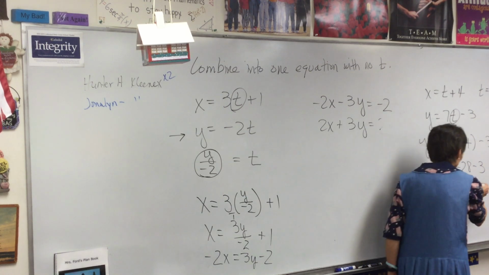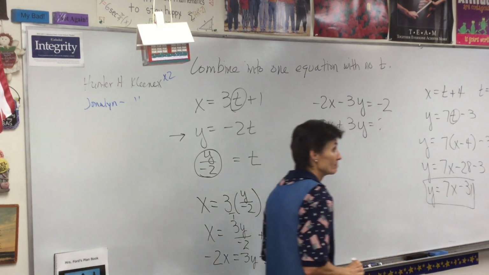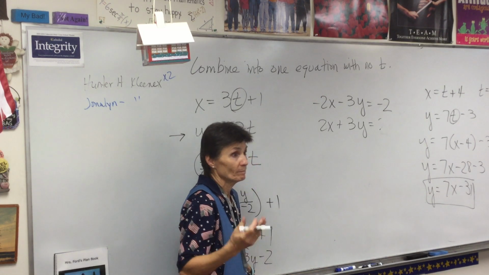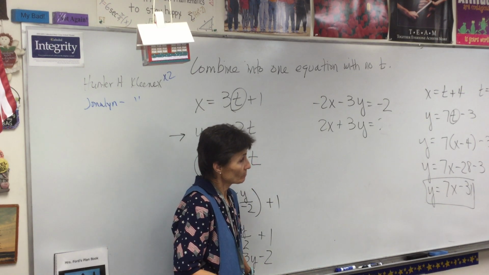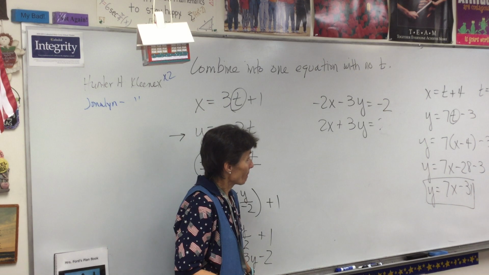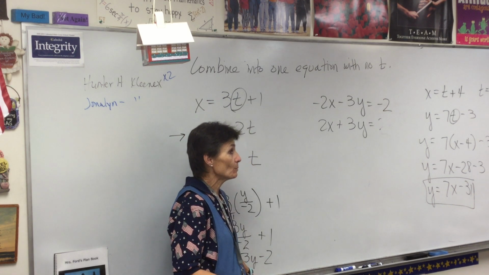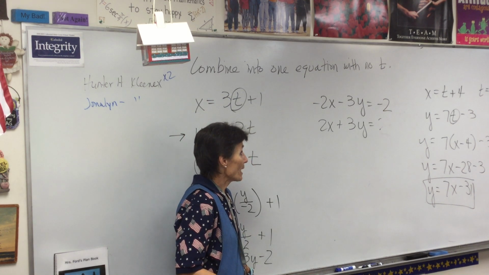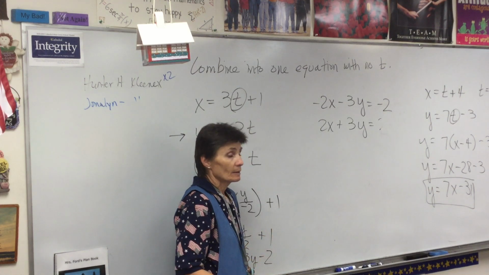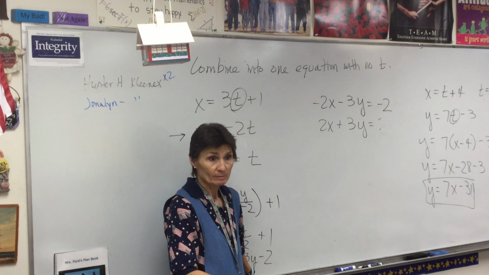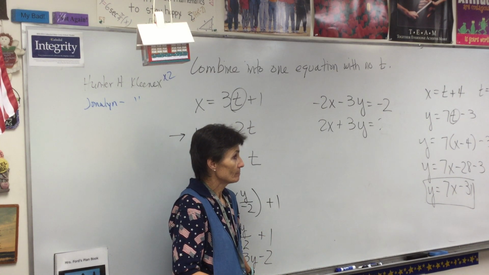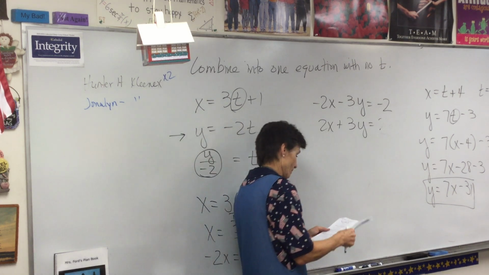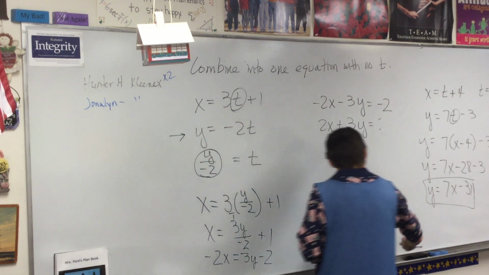And that's beautiful because that's the equation of a line in slope-intercept form. It's beautiful. So what did we do? We got to pick the equation, got t by itself, and plugged it in. One more.